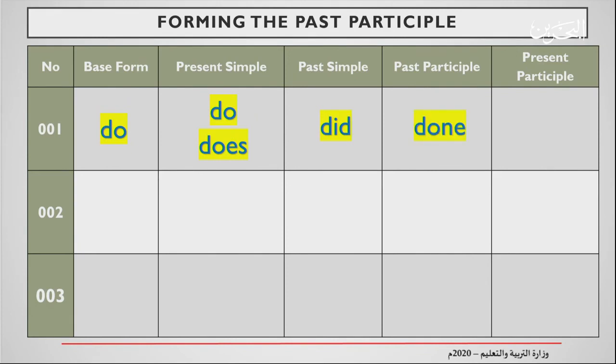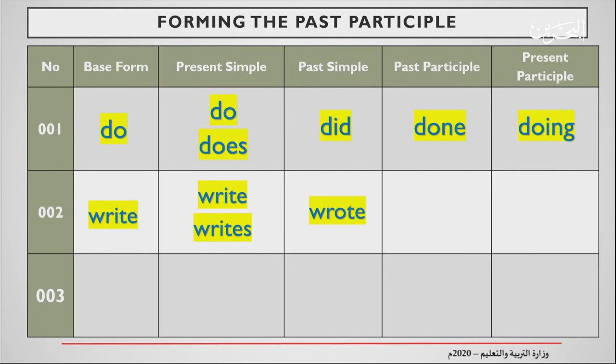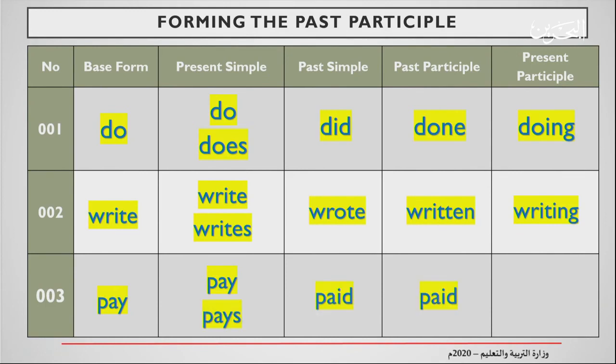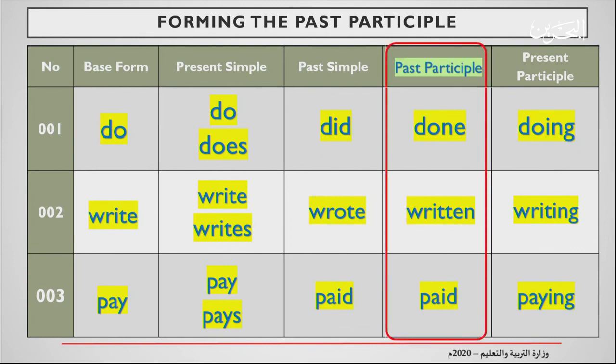And then done as the past participle. Then doing as the present participle. Write, writes, wrote, written, writing. Pay, pays, paid, paid, and paying. We are going to focus on the past participle in this lesson.